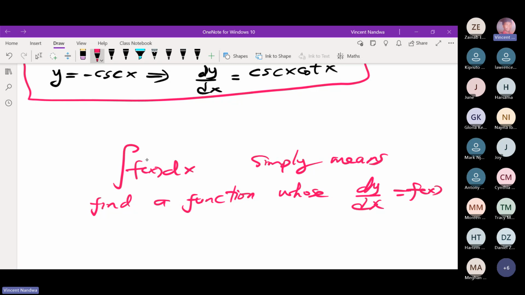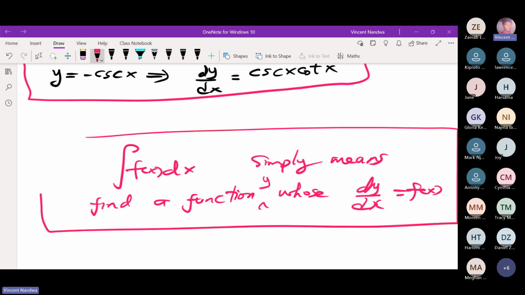It's like simply find a function y whose dy/dx is given by this function f of x. So once you know that interpretation, it will be very easy to extend your toolbox to get integrals of very elementary functions that you have dealt with previously.